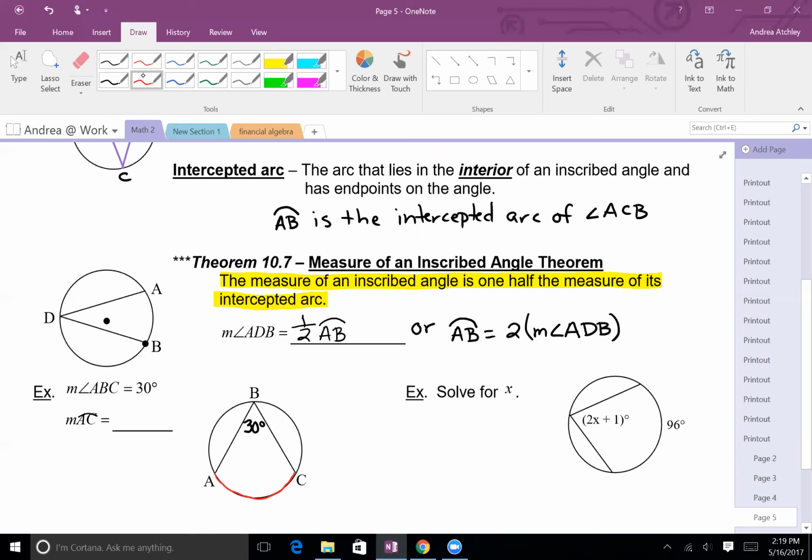What is the measure of arc AC if the angle is 30 degrees, based on our two formulas that we just talked about? So the arc here is equal to 2 times the angle. So what would be the arc?